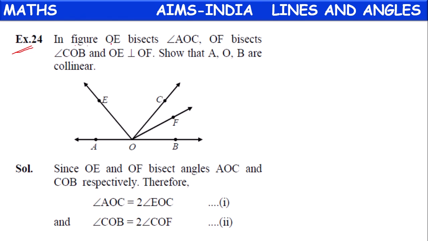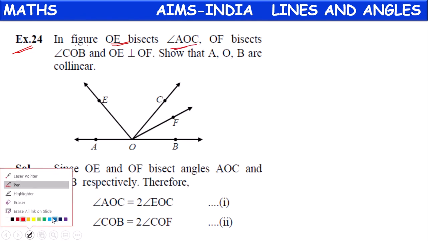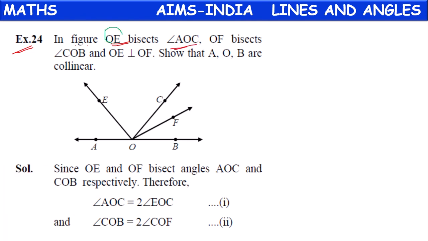In the figure, OE bisects angle AOC. The ray OE bisects angle AOC, which means this part will be equal to this part.